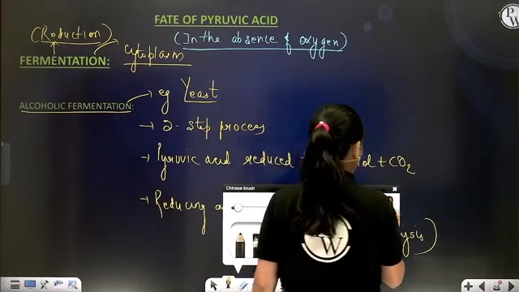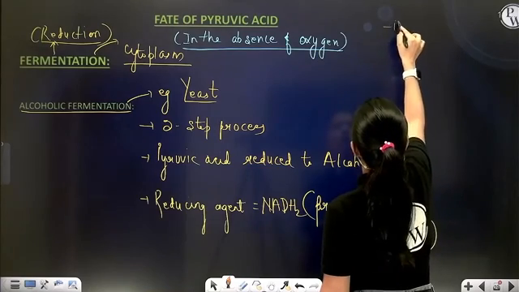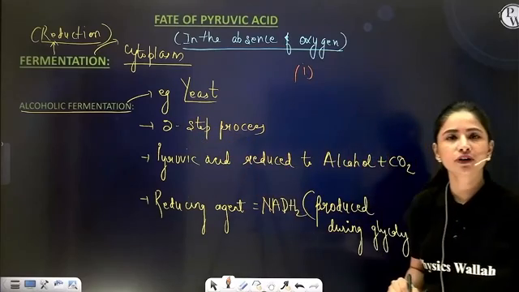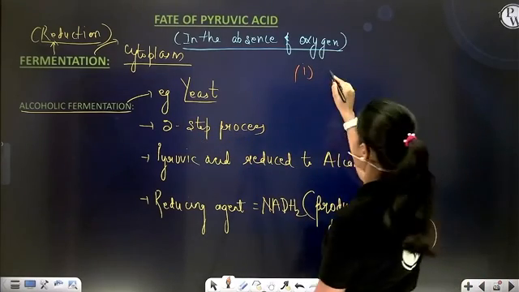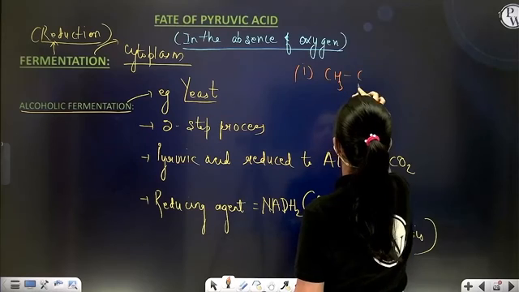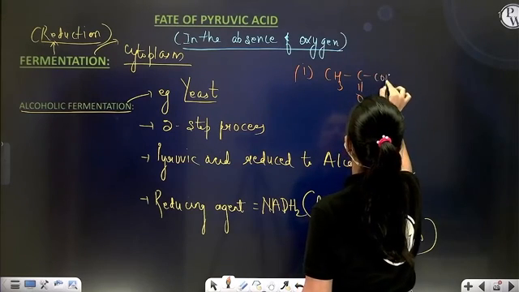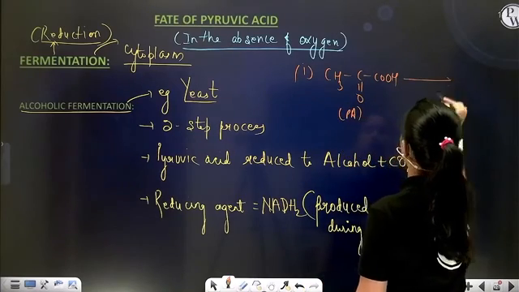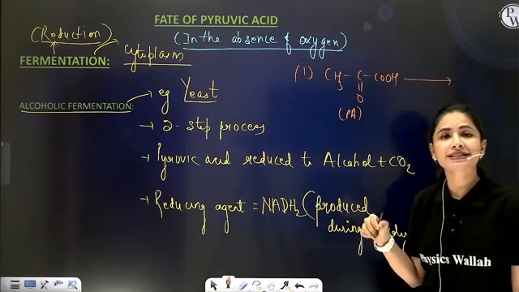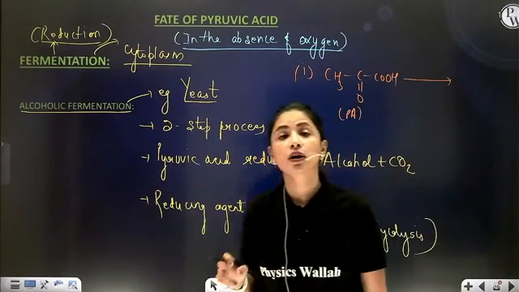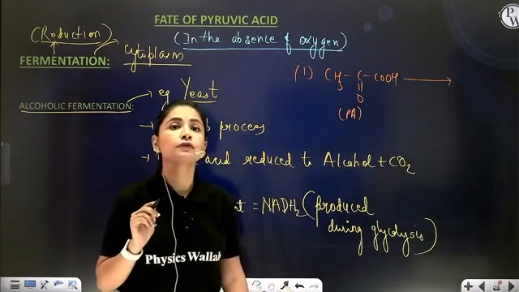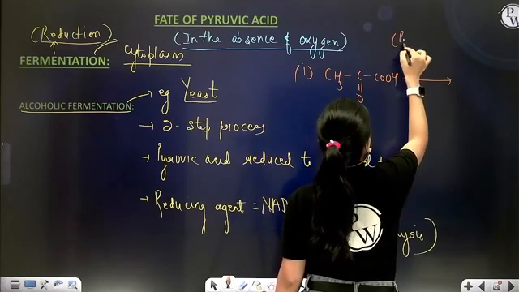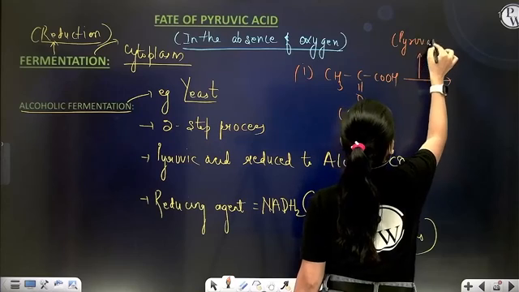Now let's see the two-step reaction. The first reaction of alcoholic fermentation is decarboxylation. See, this is your pyruvic acid. What will happen? This pyruvic acid will first undergo decarboxylation, that is removal of CO2, in the presence of the enzyme pyruvate decarboxylase.